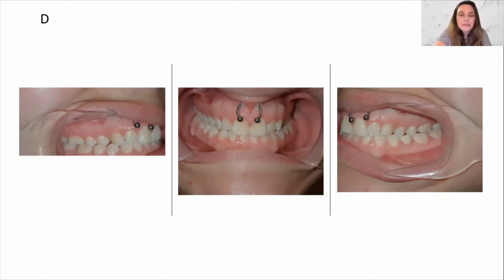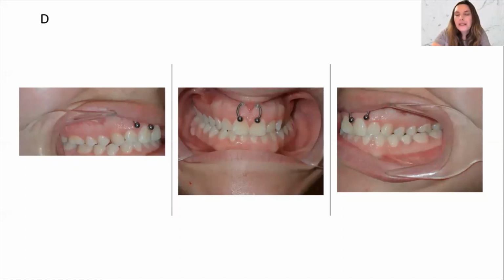Anyone else? I think it's class 1. Nope. Class 3. Yes, it's class 3. This is a class 3 occlusion. Great. And you can tell that from the relation of the mandibular first molar and the maxillary first molar. You can see it's almost at a complete diagonal from where they would be. So that's the right side.